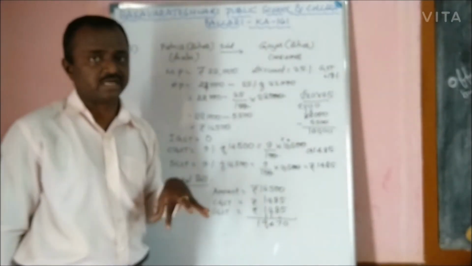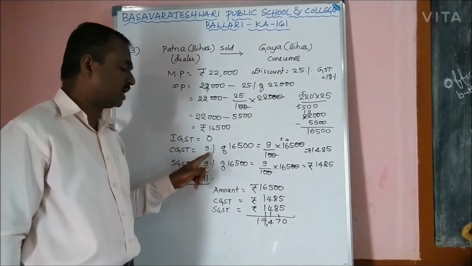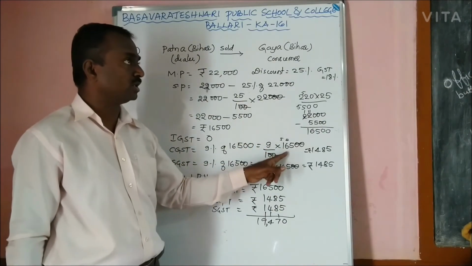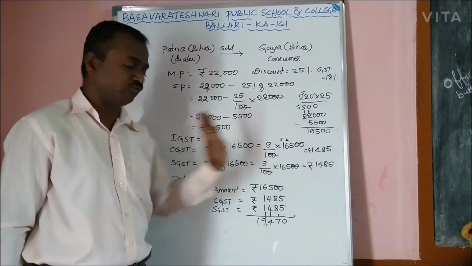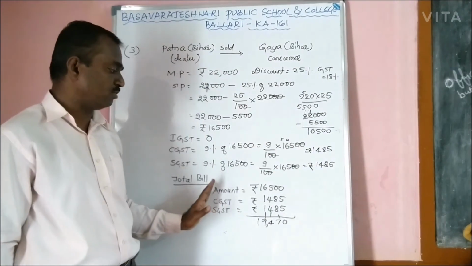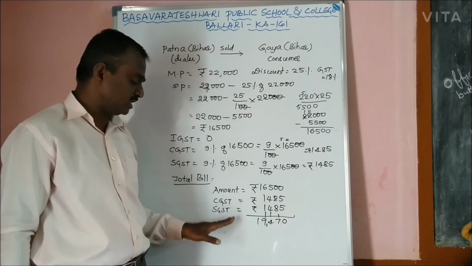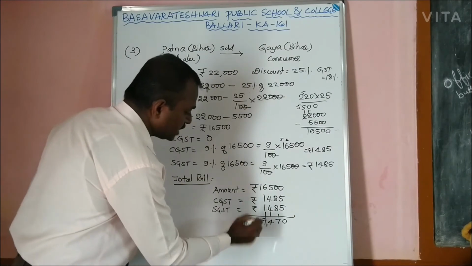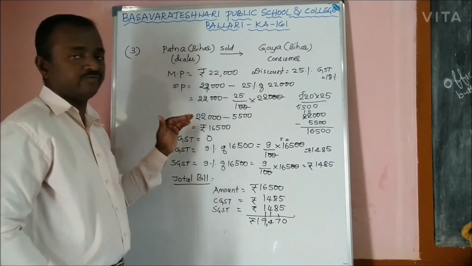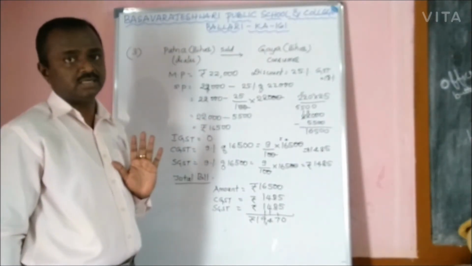IGST will be 0 because this is an intrastate transaction. CGST is 9% of this amount, which is 1,485, and SGST is also 1,485. So the total bill is the amount 16,500 plus the tax, CGST and SGST, total 19,470, which he has to pay to the dealer. Understood, students?